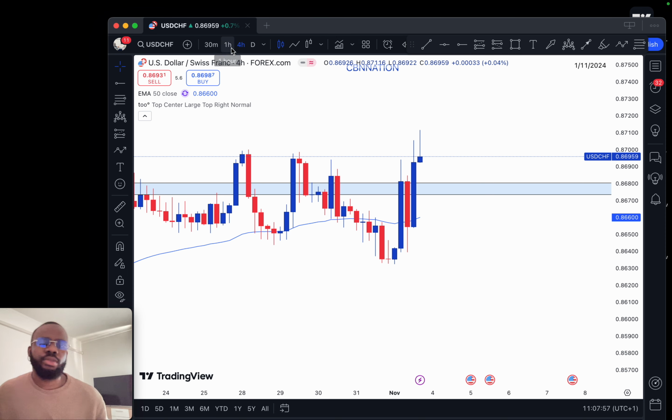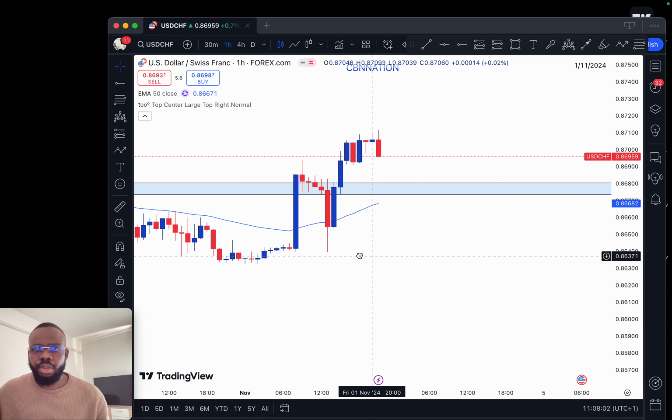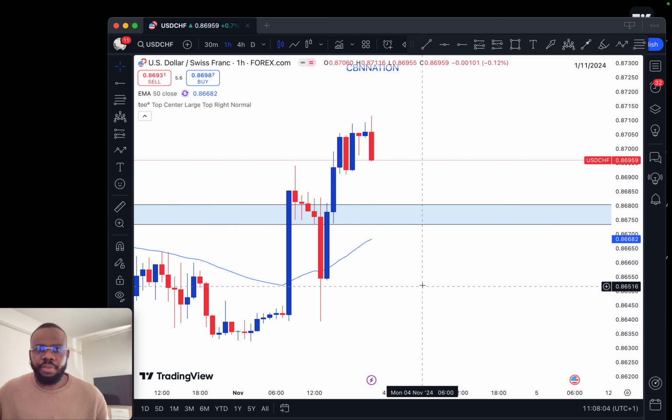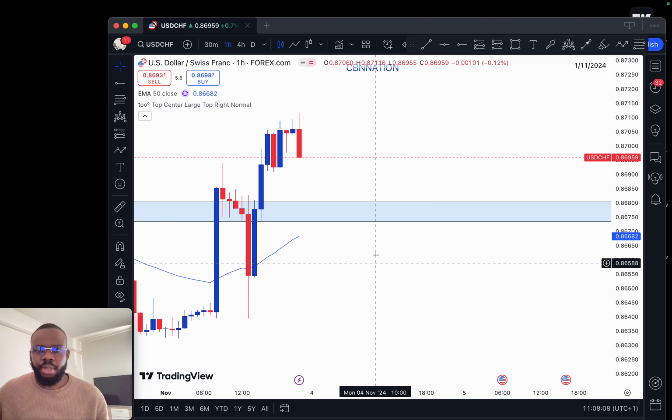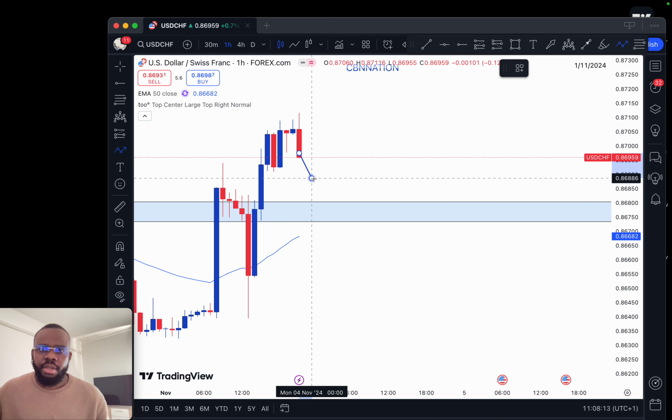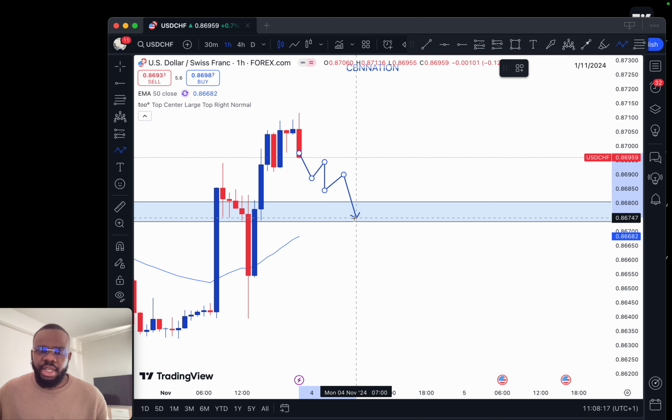So we scale down to the 1-hour time frame to look for entries. Going to the 1-hour time frame, we can see that the EMA is going to catch up with price immediately price gets here. So what we'll be expecting here is a retracement back to the daily area of interest.